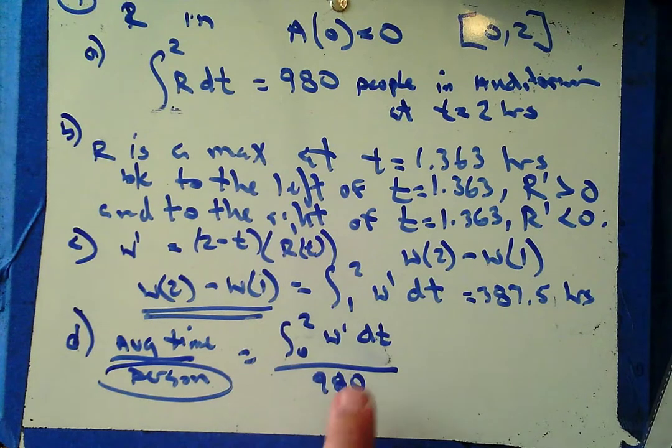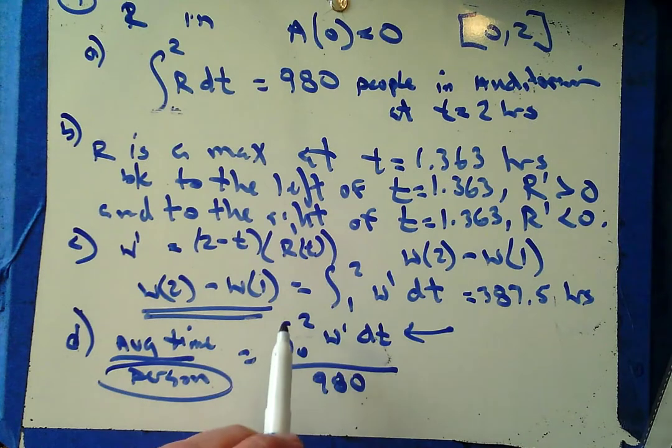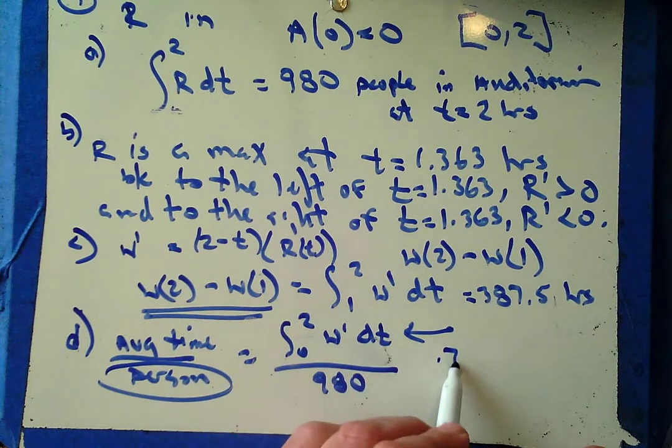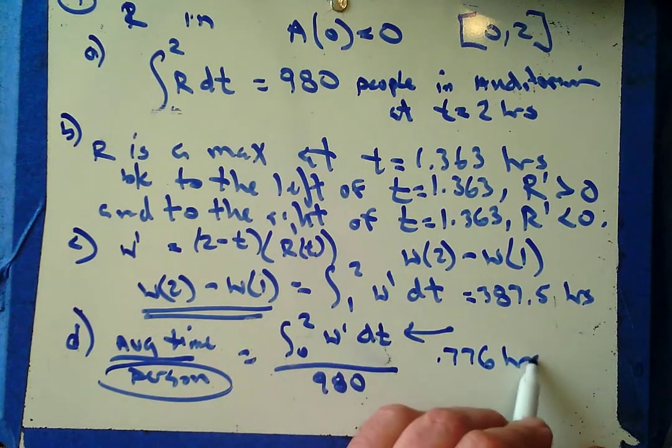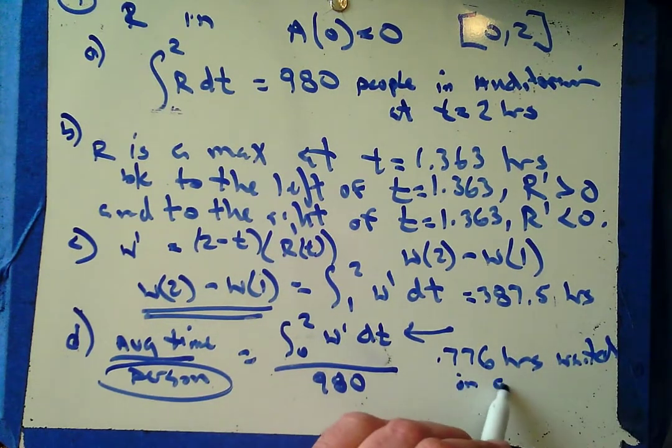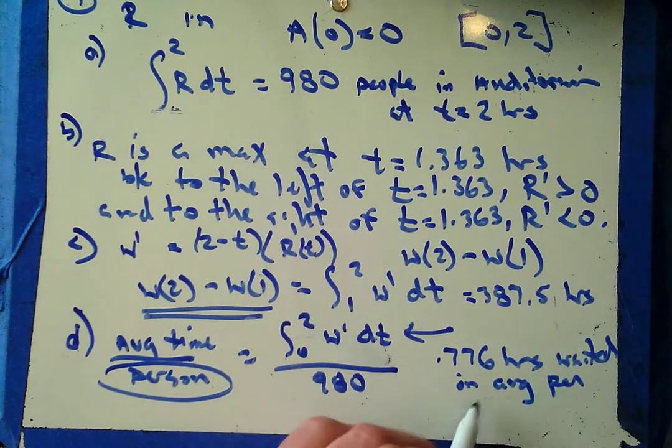I want the total wait time not divided by the number of hours, but divided by the number of people, right? So I'm going to do this integral divided by 980, the number of people in the auditorium, to find out how long they all waited. And I come up with 0.76 hours waited on average per person.